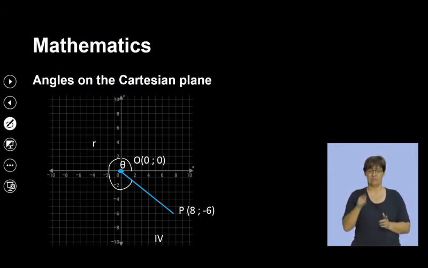Now guys, with what we've just spoken about, I'm trying to locate all these points for you to see, in terms of if we were to start solving these ratios and talk about a ratio like sine theta equals -3/5. The -3 means that it's the y value that is negative.